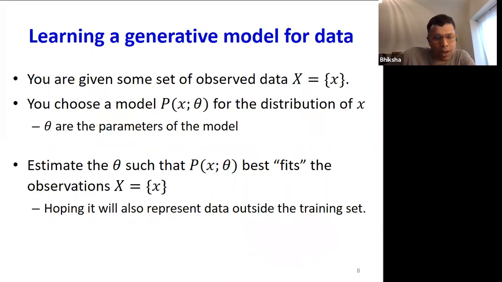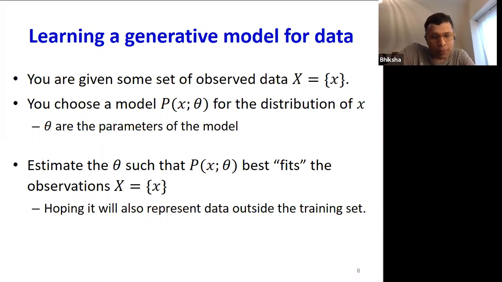Now, the problem in all of these tasks is that you're given some data x, and we decide, based on whatever intuition we might have, that the probability distribution for this data follows some model p of x, theta.